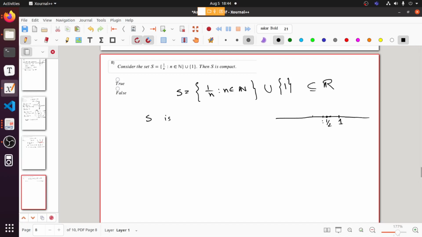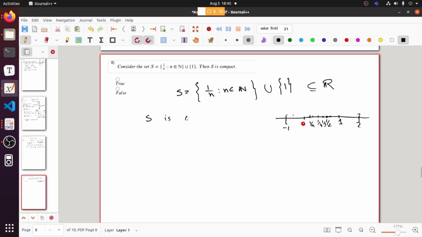Then this is 1 by 3, 1 by 4, all the numbers, and here is 0. 0 is not there, otherwise all the numbers are there. So this is the set S. S is contained in the interval, suppose we take this to be -1 and this to be 2.